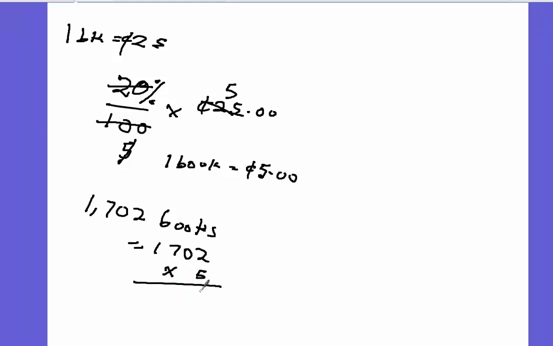Right, 5 times 2 is 10, write 0, remember 1. 5 times 0 is 0, plus 1 is 1. 5 times 7 is 35, write 5, remember 3. 5 times 1 is 5, plus 3 is 8.